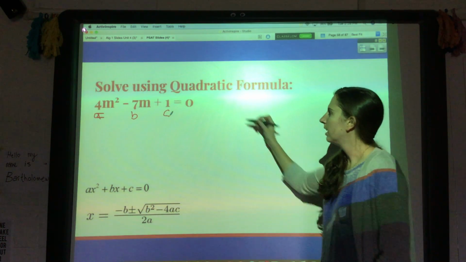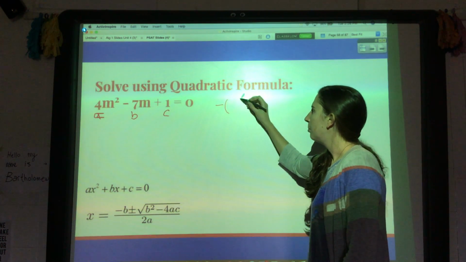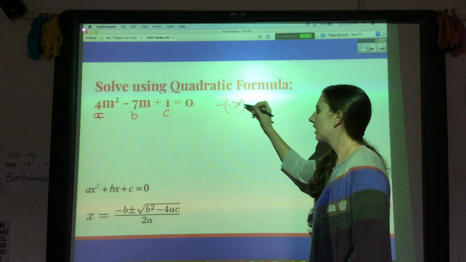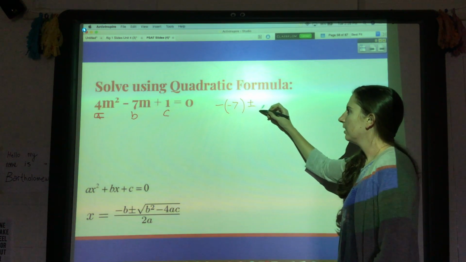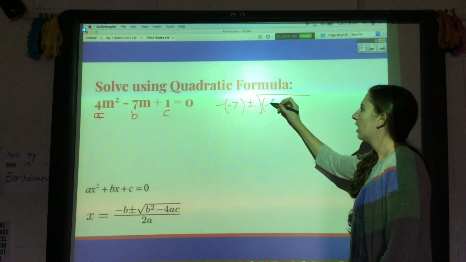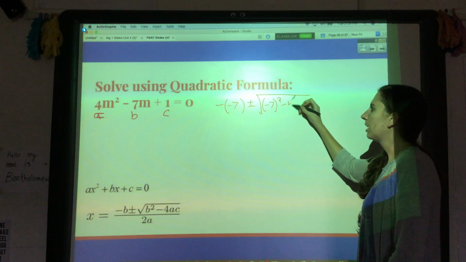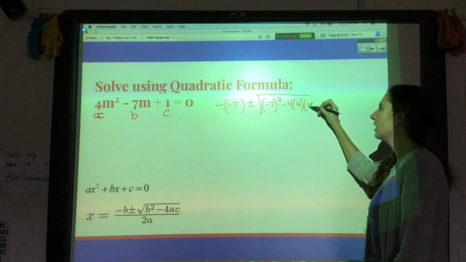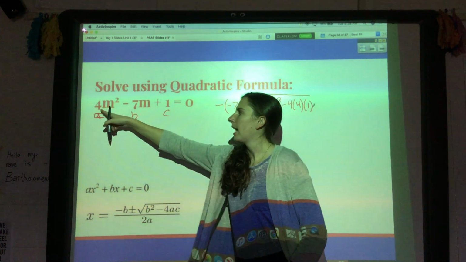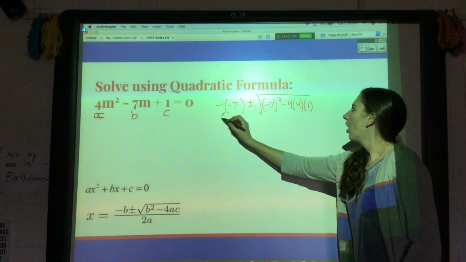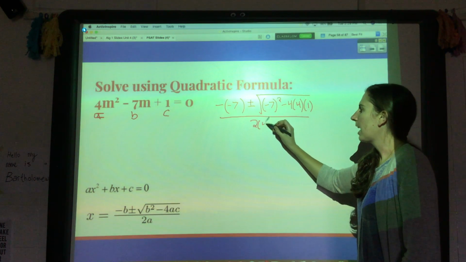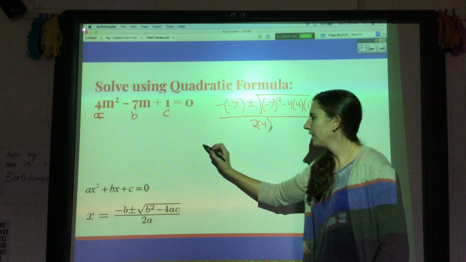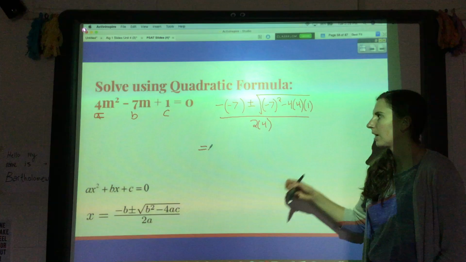So in this case, it's negative b, so negative 7, plus or minus the square root of b squared minus 4ac, just filling in a and c, all over 2 times a. And then you just simplify one piece at a time.